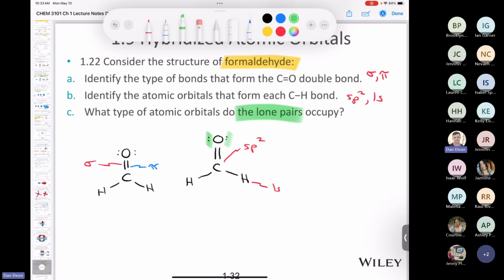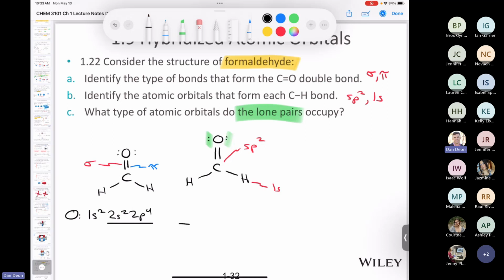So let's take a look at the electron configuration of oxygen. Oxygen has a total of 8 electrons. So we'll say here oxygen is 1s2, 2s2, 2p4. But we're really only concerned with the valence electrons because those are the ones involved in bonding.